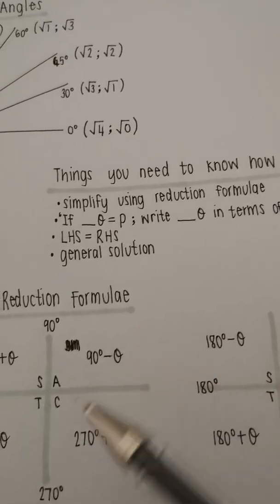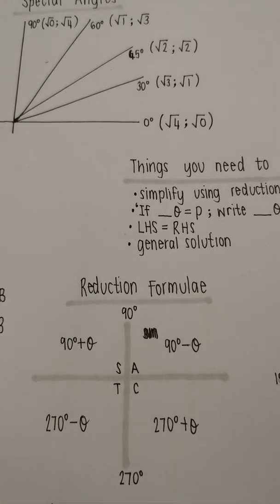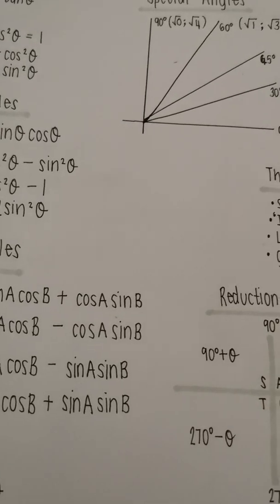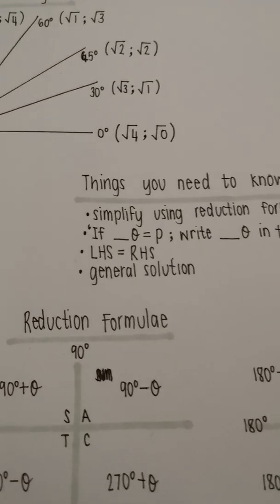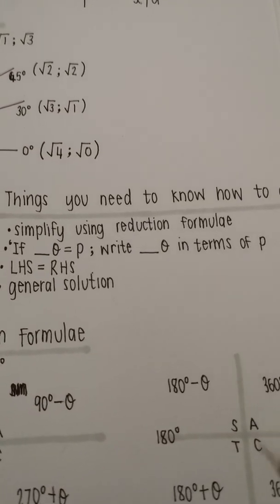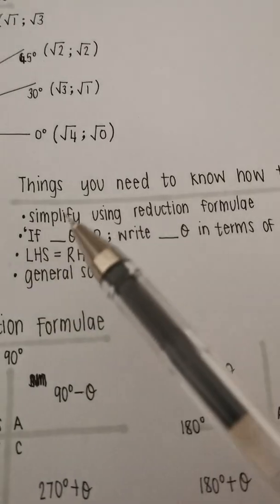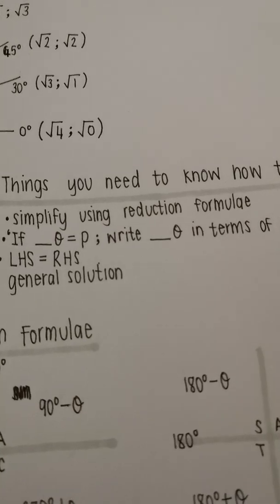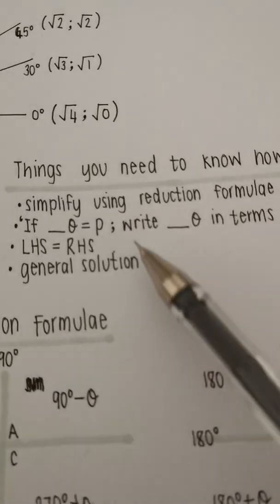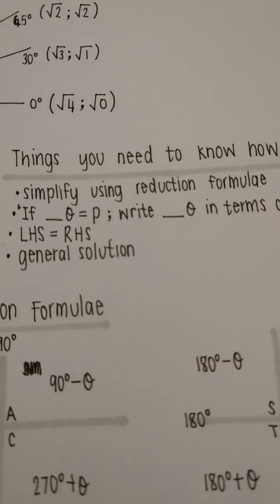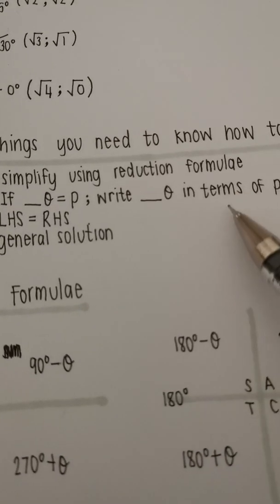Alright. I also listed here for you things that you need to know how to do. So simplify using reduction formula, negative angles, compound angles, double angles, however they give you the question, whichever one of those things are available for you to use. Then you get questions where it says, if sine theta is equal to P or Q or whatever it is, write this in terms of P, or write this in terms of stuff like that.